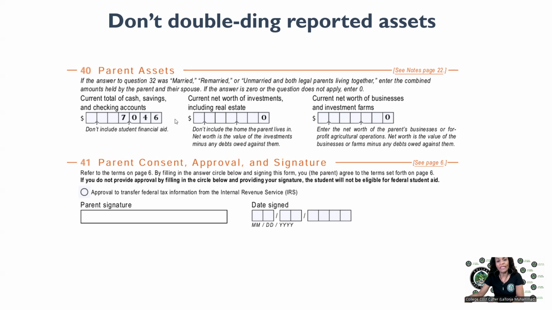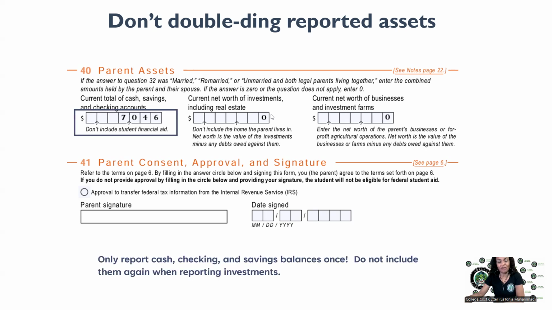Please only count your cash, savings, and checking accounts in one place so that you don't double ding yourself. That is definitely a common mistake. We don't want to do that.